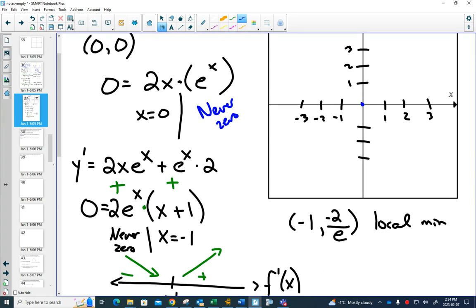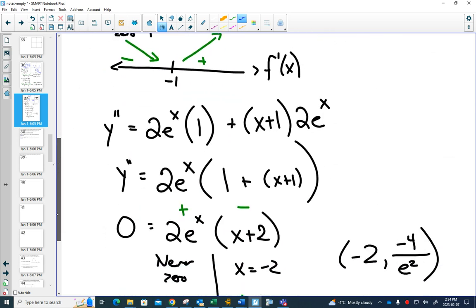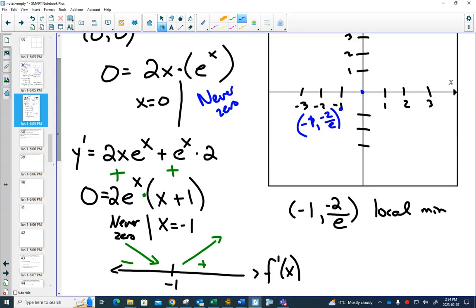Because e is 2.7. So I'm going to label that point negative 1, negative 2 over e. And then I also have to label negative 2, negative 4 over e squared. We should actually use a calculator to see some of these things, but it's going to be fun.